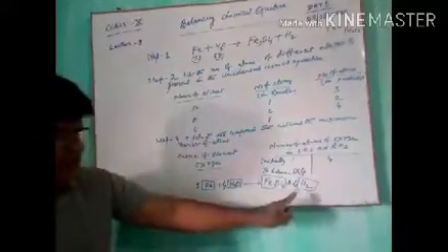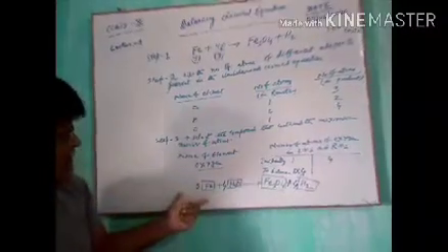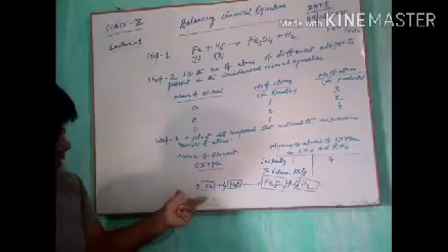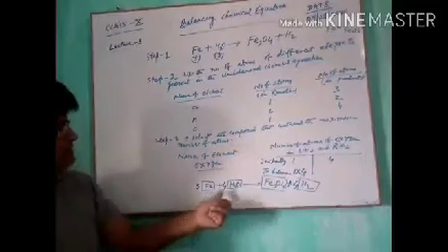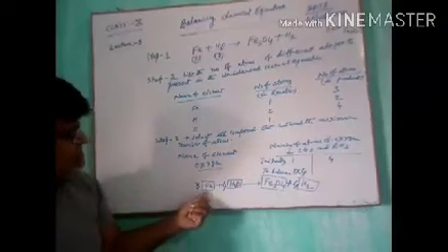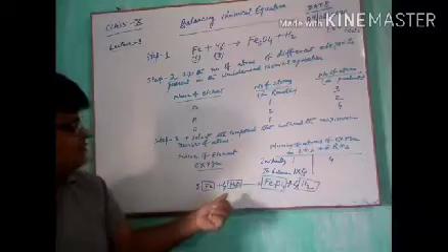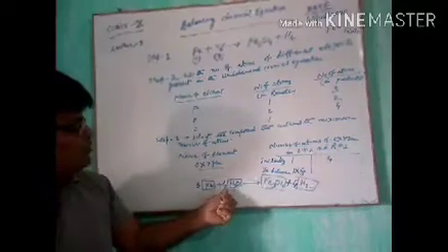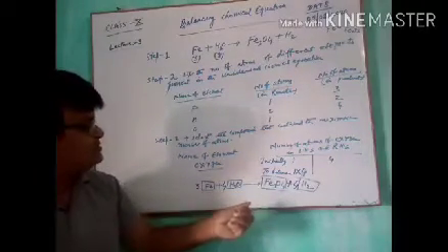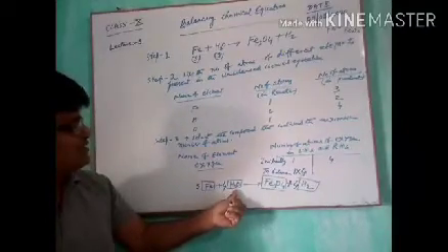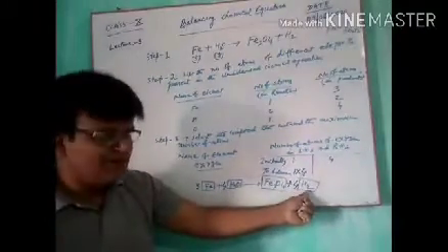Now our chemical equation has become balanced: 3 atoms of iron, 3 atoms of iron, 4 atoms of oxygen, 4 atoms of oxygen, and 8 atoms of hydrogen, 8 atoms of hydrogen.